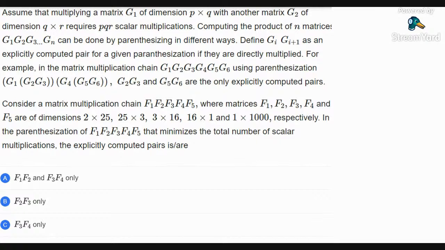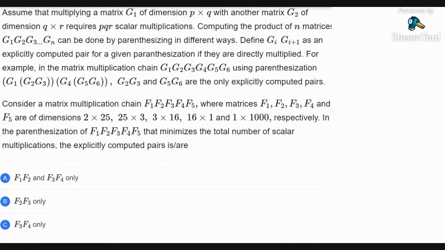Okay, so if we are considering F3, F4, then there is no need of checking F4, F5, because we are explicitly doing F3, F4, and that result is going to get multiplied with F5 or any previous computations. So two options are remaining now: option A and option C. In option A, F1, F2 and F3, F4 are there. So I just need to decide whether F1, F2 is an explicitly computed pair or not.